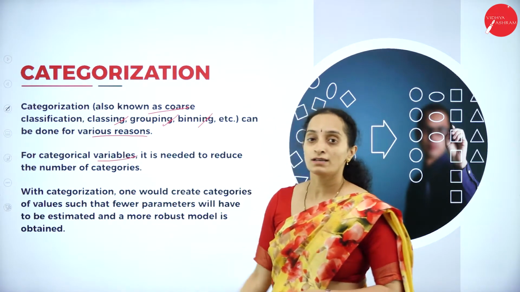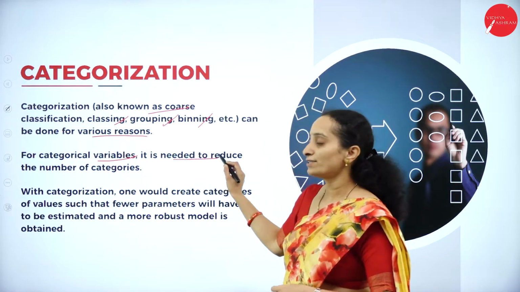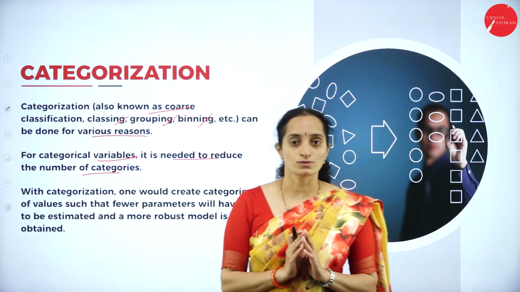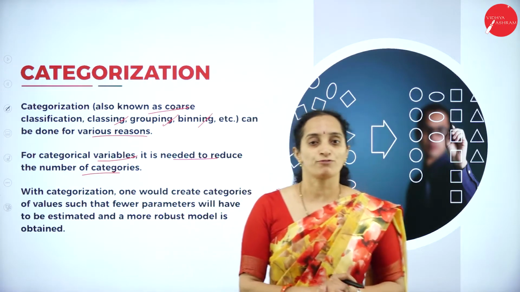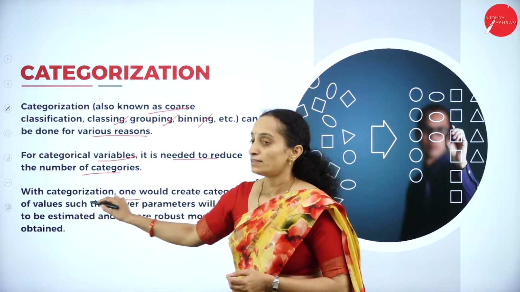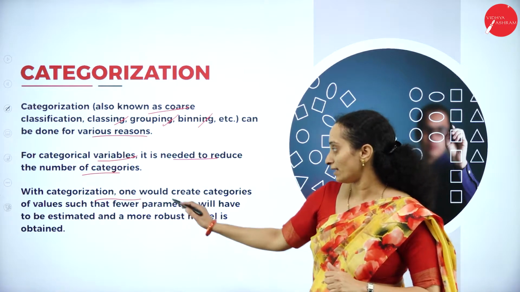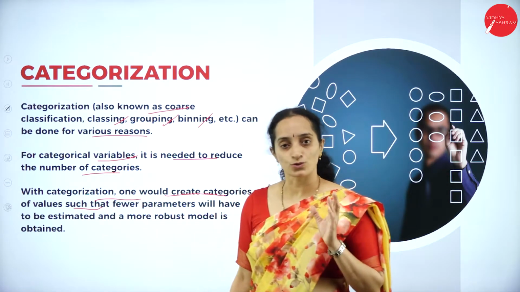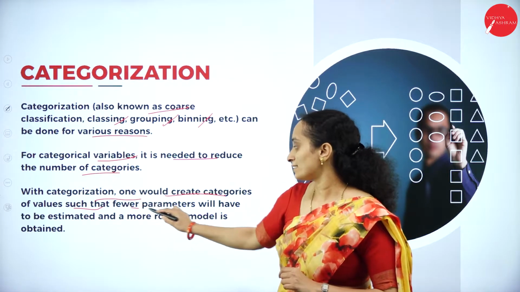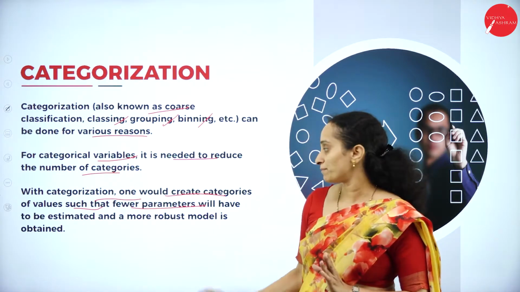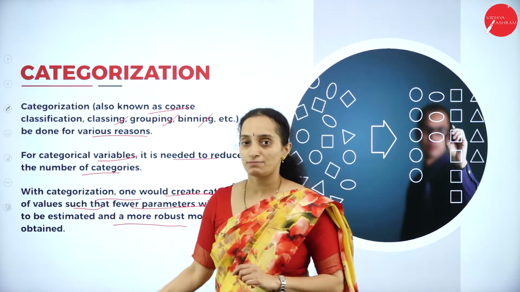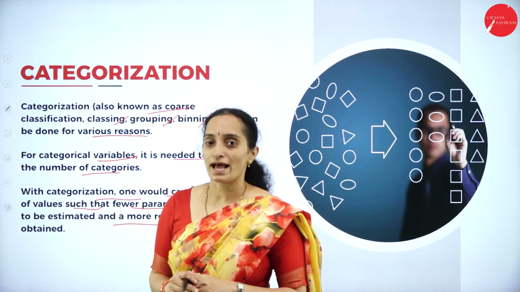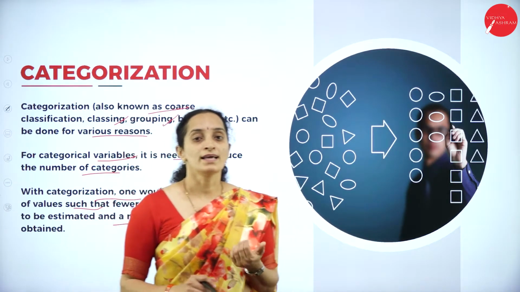For categorical variables, it is needed to reduce the number of categories. You have to reduce the data to a minimum number of categories. With the process of categorization, one would create categories of values or groups of values such that fewer parameters will have to be estimated. You have to consider as minimum data as possible to analyze the data.